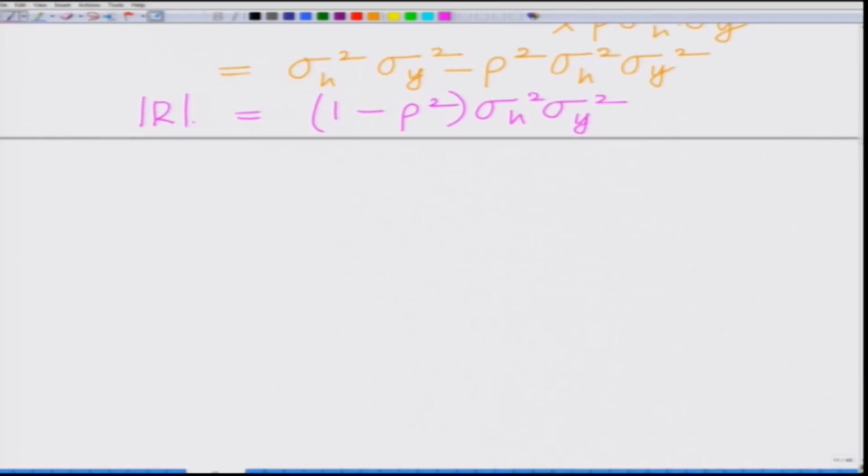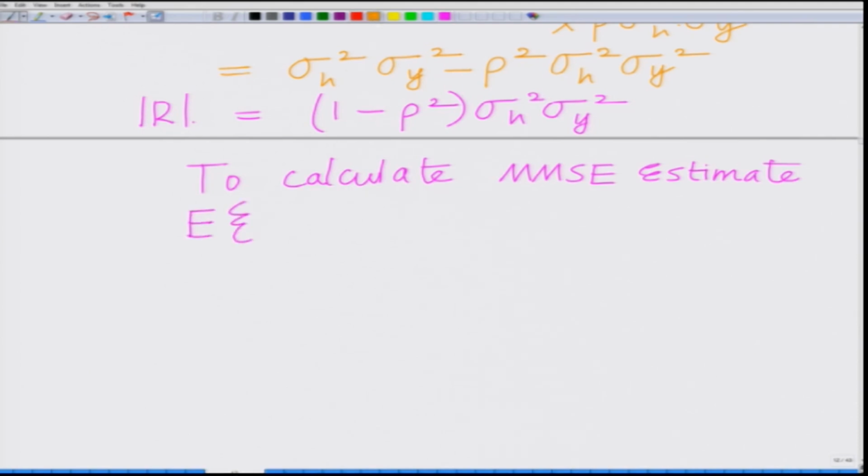That is, to calculate the MMSE estimate, which is the expected value of h given y, we need the conditional PDF f of h given y.